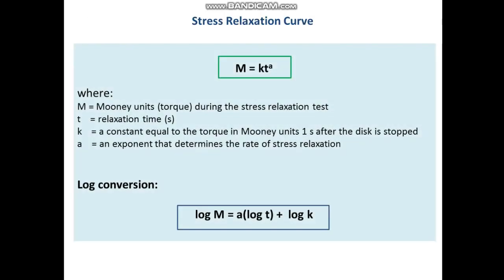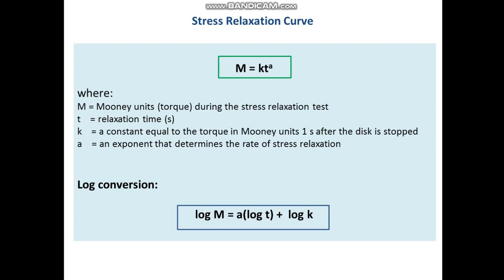Okay, now we got the stress relaxation curve after the Mooney viscosity test. That curve follows the power law model. The stress relaxation curve follows the power law model, meaning M equals K into t to the power a, where M is the Mooney units during the stress relaxation test, meaning torque reduction. t is the relaxation time measured in seconds.